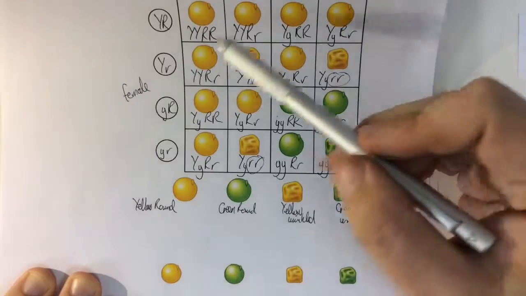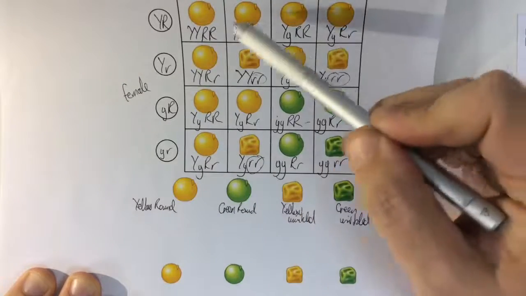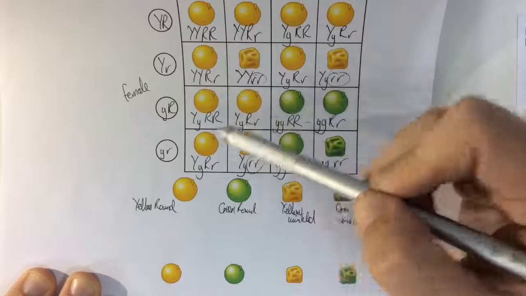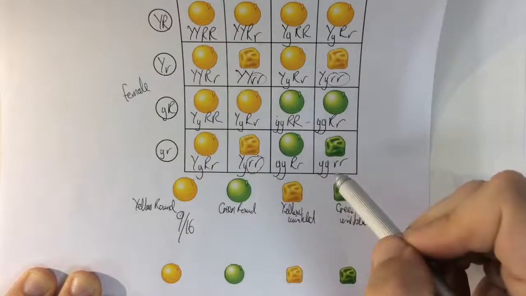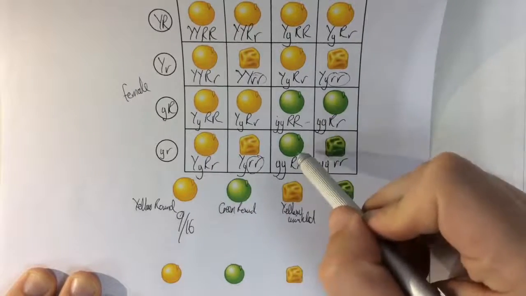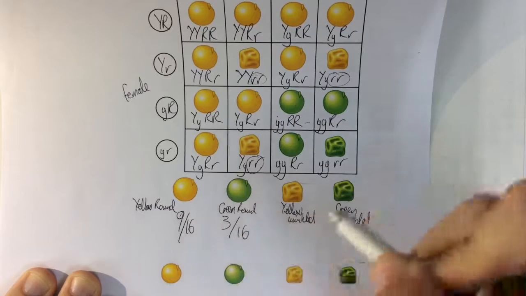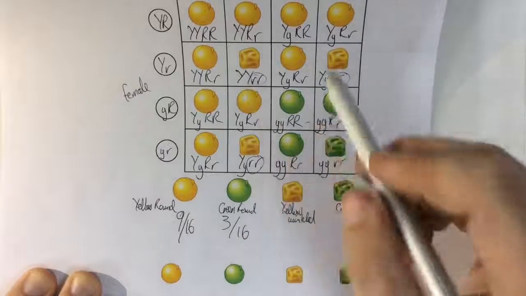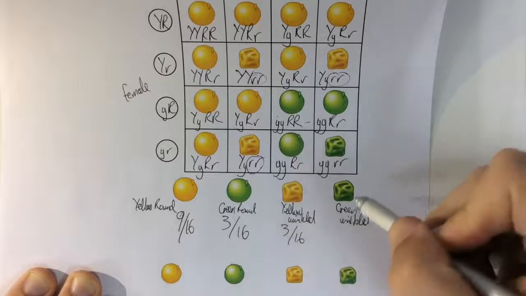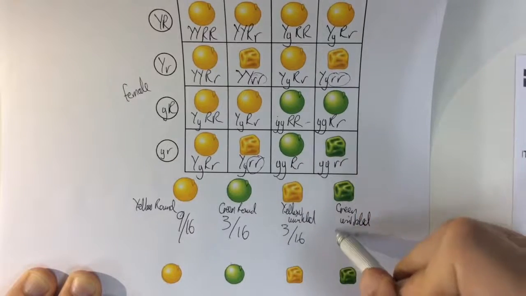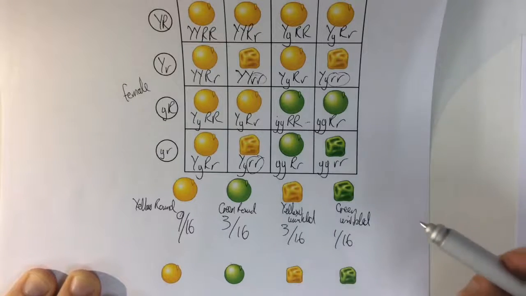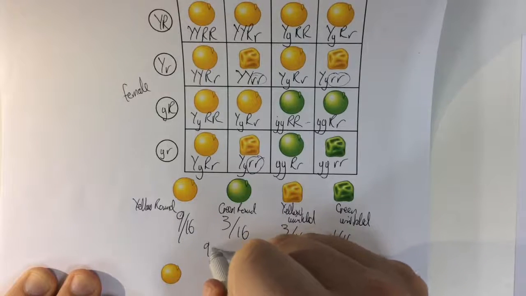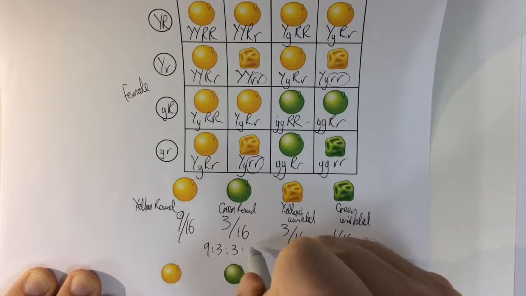Okay, let's count them up. So yellow and round, 1, 2, 3, 4, 5, 6, 7, 8, 9 of the 16, and there are 4 by 4, there's 16 of them. Green and round, 3 out of 16. Yellow and wrinkled, 3. And green and wrinkled, 1 of 16. Now, this is the typical phenotypic ratio for a dihybrid cross of 9 to 3 to 3 to 1.